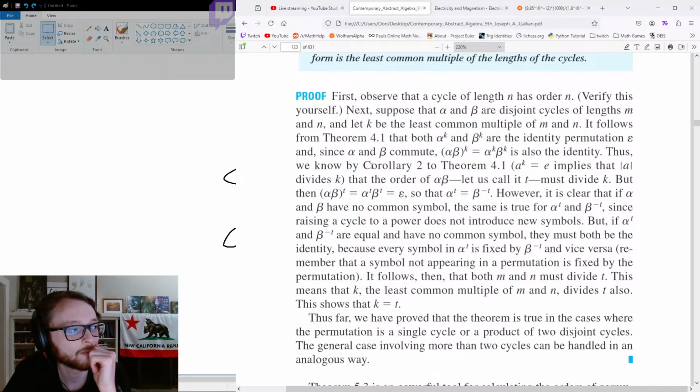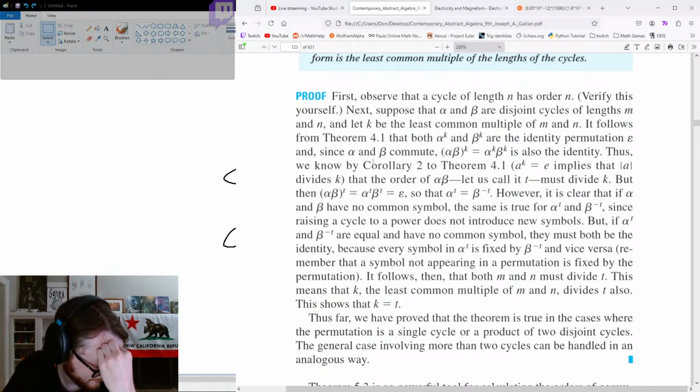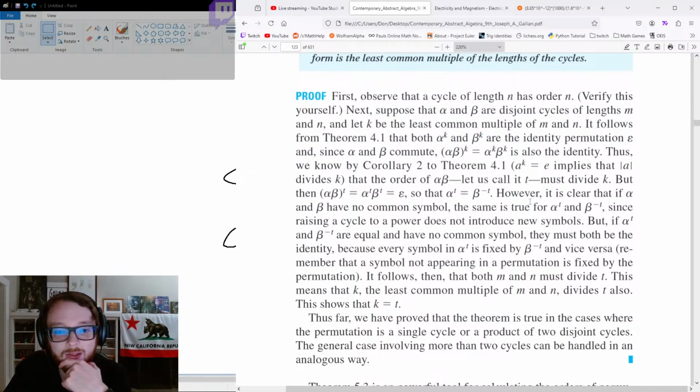I didn't put it together. Okay, so they care about disjoint cycles. This alpha beta thing we were doing is the exact same as the composition of phi and rho and all that stuff. Okay, that makes more sense.